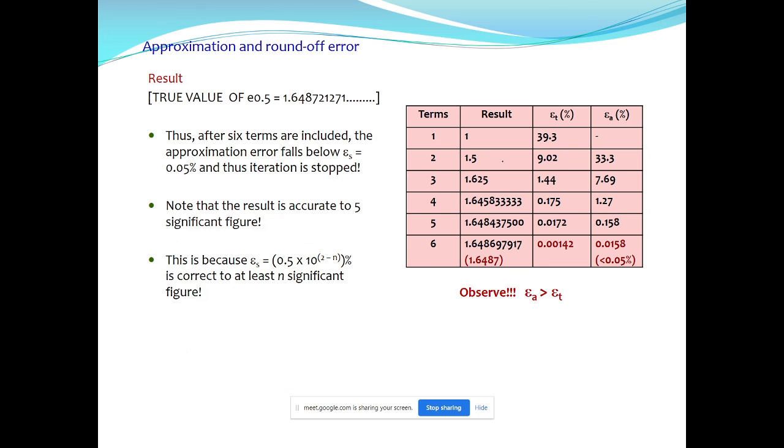So macam mana nak habiskan ni? Kena buat sampai jadi table. Ini yang pertama. Ini kita panggil sebagai iteration. So nanti kalau kamu buat FYP, buat simulation, kamu akan jumpa perkataan iteration. Inilah iteration.